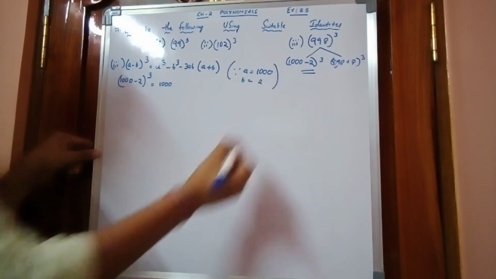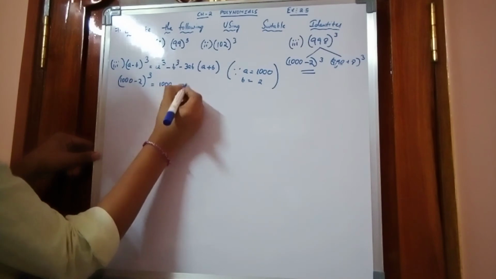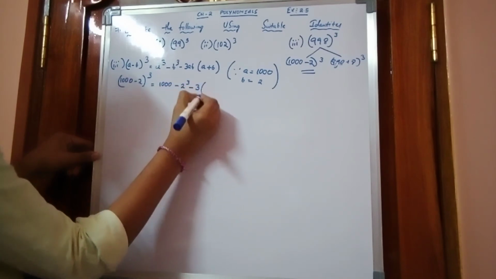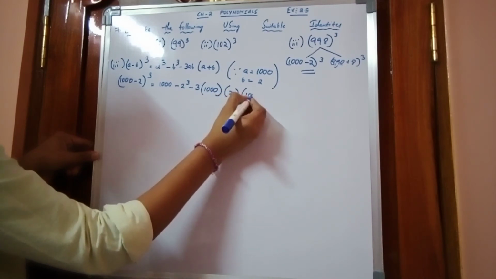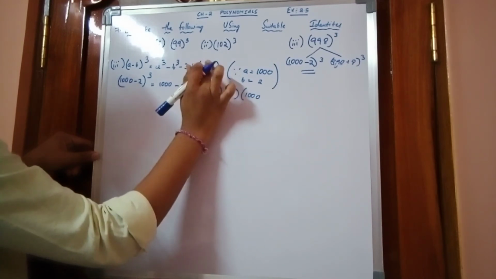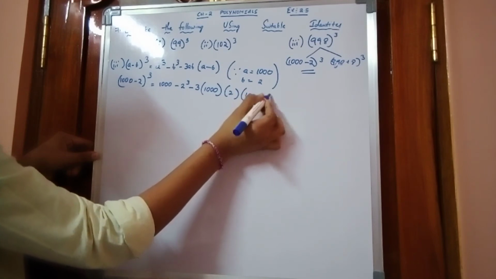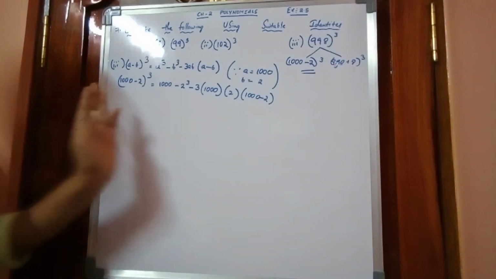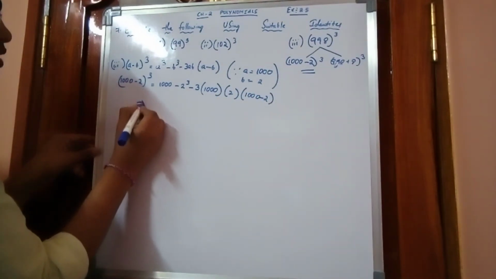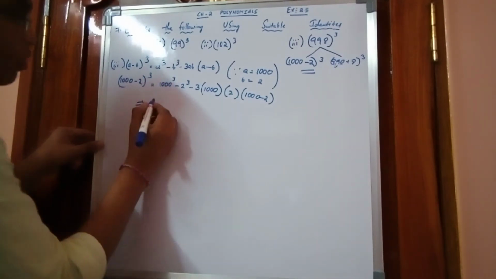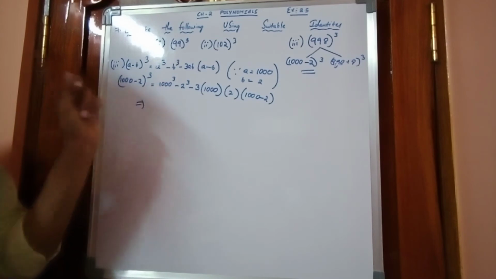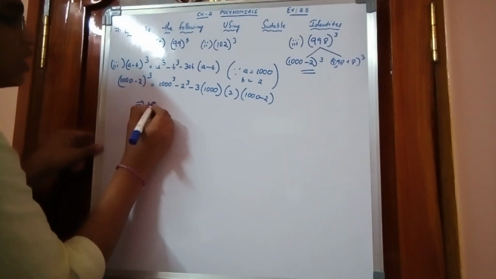So 1000 cube minus 2 cube minus 3 into 1000 into 2 of 1000 minus 2. Now multiply this total equation. This implies 1000 cube, 1 followed by 3 zeros, so we'll get here 9 zeros actually.